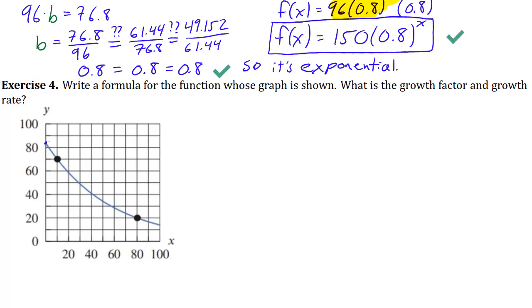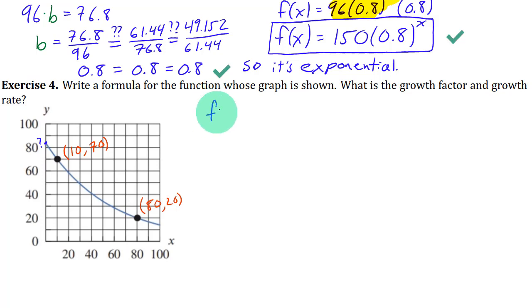I can't tell exactly. So it's not really clear, but it does give you these more exact points. We have the point here where x is 10, y is 70, and over here where x is 80 and y is 20. So those are the ones we're going to use because you can't quite see the y-intercept.